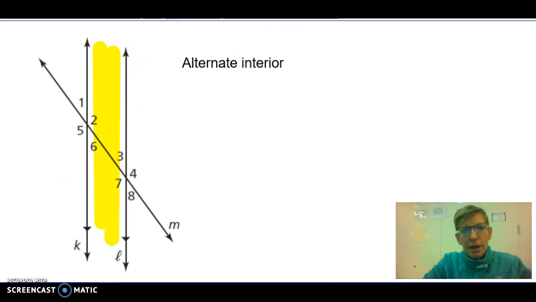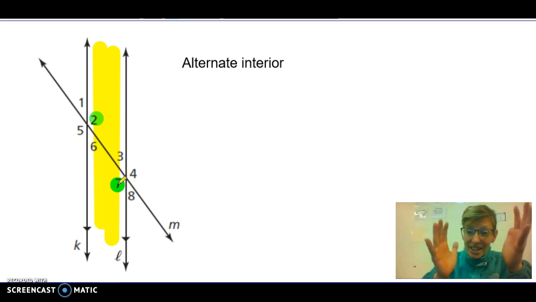Now, alternate just means one angle on one side of the transversal and the other angle on the other side of the transversal. So alternate would be like 2, because that's on the top side of the transversal, and 7, because that's on the bottom side. So they're on different sides, but both of those angles are inside the parallel lines.